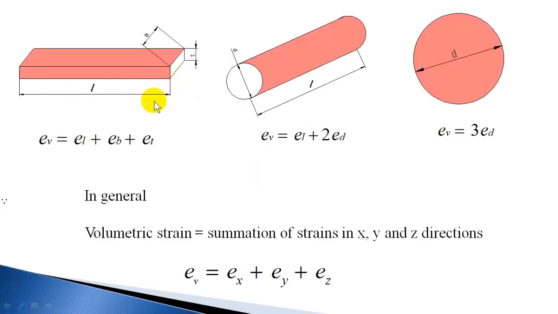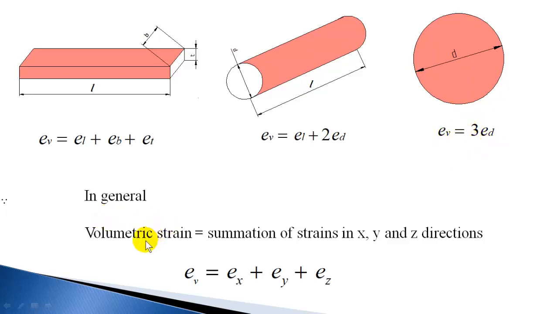So for the rectangular block which you have considered, length L, breadth B and thickness T, its volumetric strain is EL plus EB plus ET. A cylindrical rod which is having length L and diameter D, its volumetric strain is EL plus 2ED. And for a sphere having diameter D, its volumetric strain is 3 times ED.